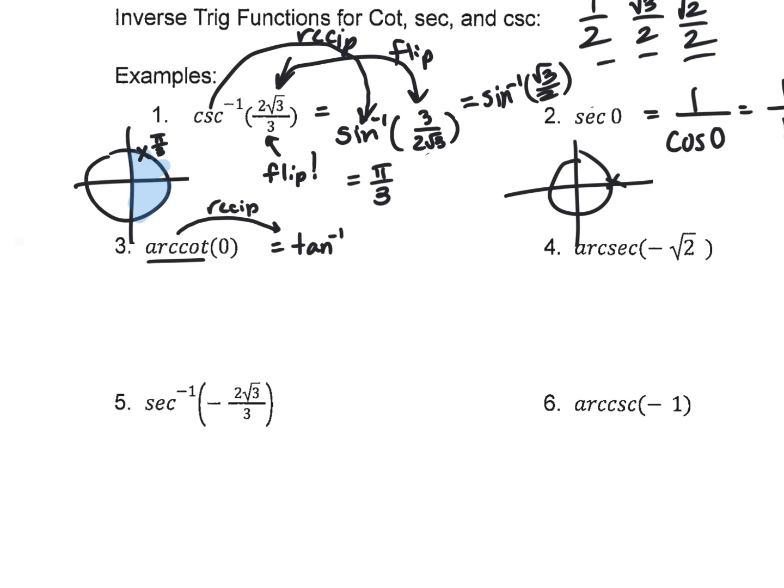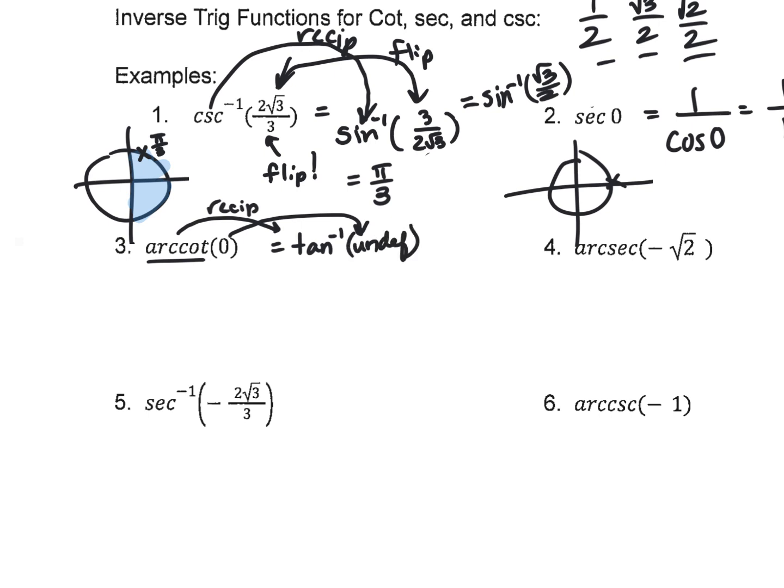Inverse tangent. What do we get if we flip 0? Don't get 0. 0's in the top. We flip it over. Where does it go? The bottom. So if 0's in the bottom, what is it? Yes, undefined.